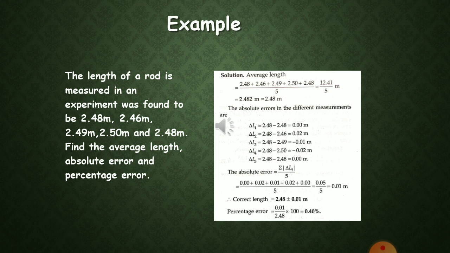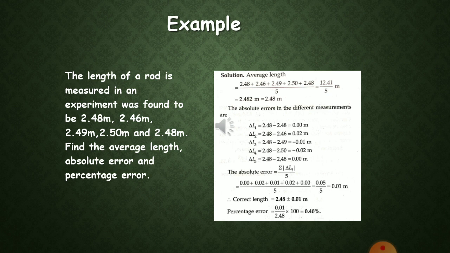Now the calculation of absolute error. The absolute error is obtained by subtracting the observed value from the average value or the true value. True value is 2.48, and the first reading is also 2.48, so subtract 2.48 from 2.48. Then the second value is 2.46, and the calculated true value is 2.48, so 2.48 minus 2.46.